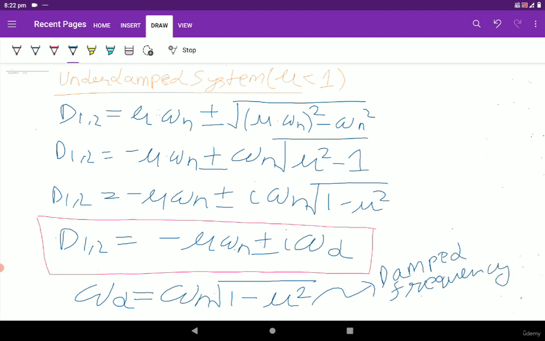Now moving forward, let's find out the complementary function for this.